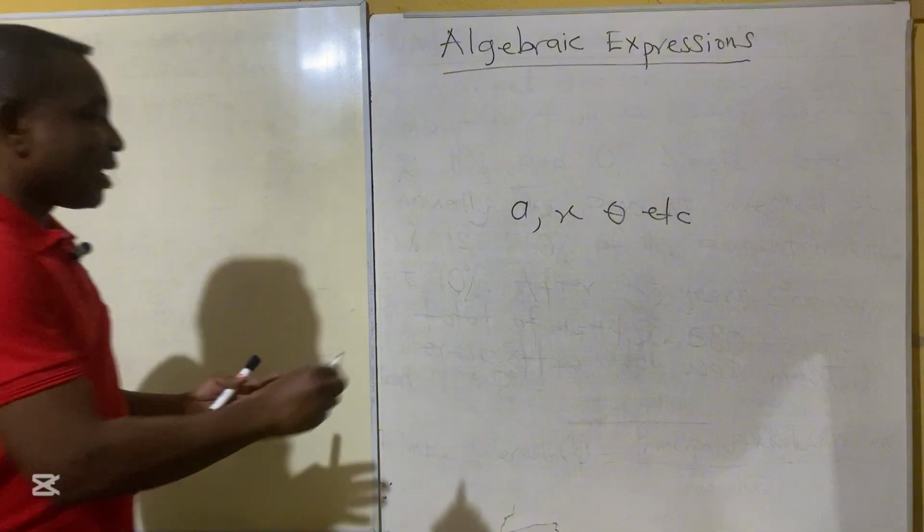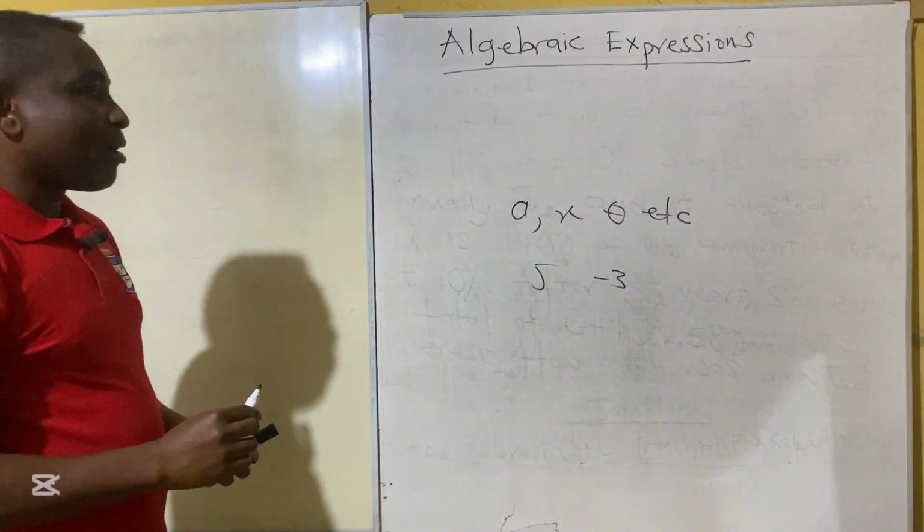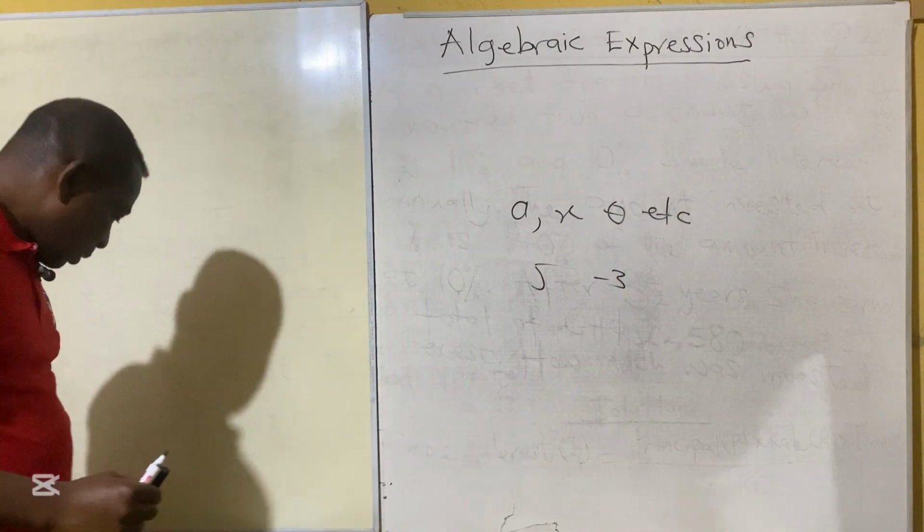Actual numbers like 5, -3 are called constants because they do not change.